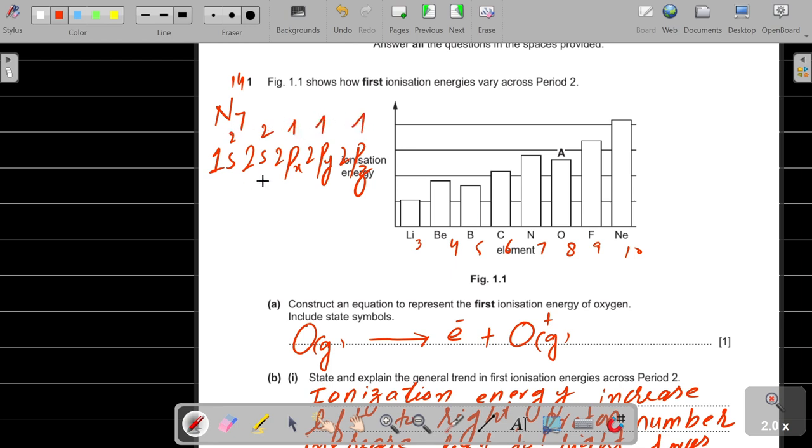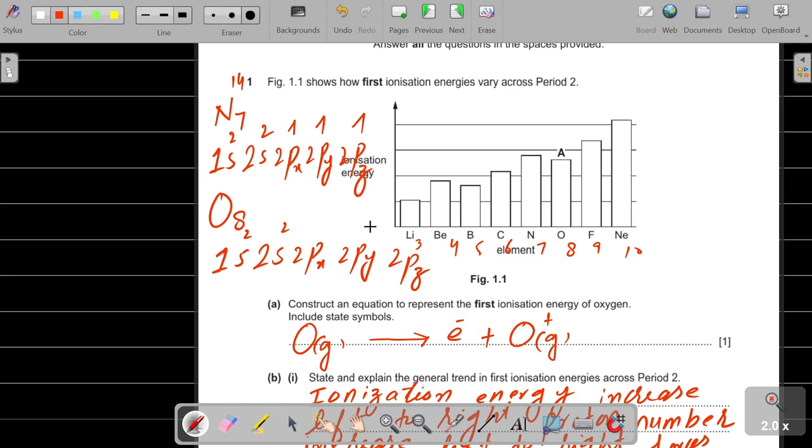Now you can see there are 7 electrons, and if we draw the structure of oxygen, the atomic number of oxygen, A, is 8, and it will become 1s2, like 2 electrons, then 2s2. Now we will have this 2px, 2py, and 2pz.